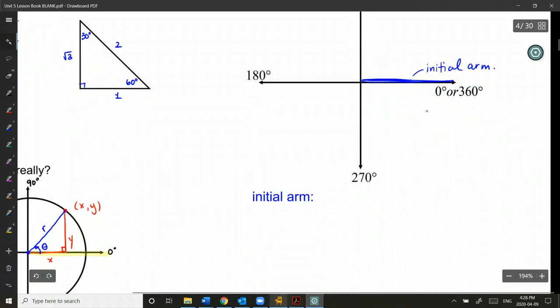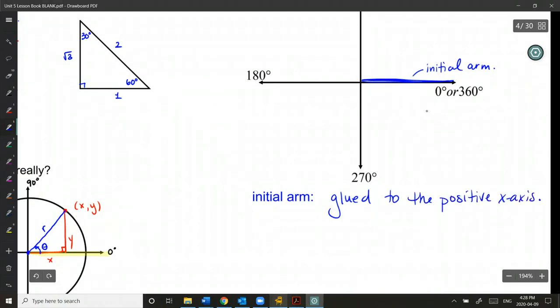And it's glued to essentially the positive x-axis. Okay, so this is where we measure all angles from as a starting position.